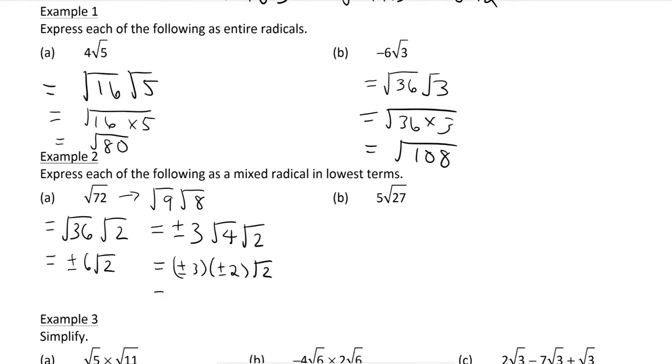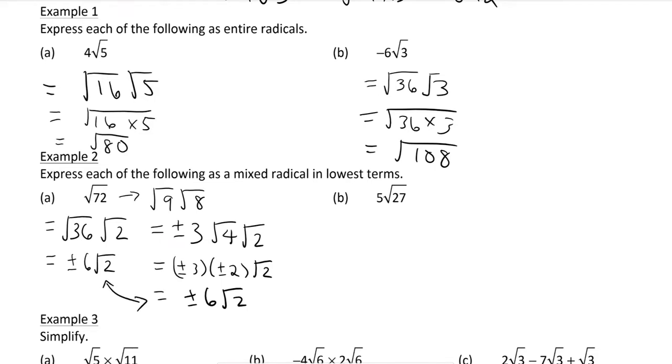Okay, and so next, when we're multiplying all this, well, this is easy because 3 times 2 is 6. And you can also multiply its opposites, and that will give you minus 6. So the negative 3 times positive 2, for example, will give you negative 6. So there's only two outcomes for this, plus or minus 6, regardless of how you multiply them. And that will still get you the same value as what we got before.